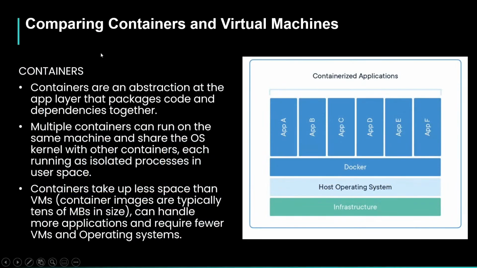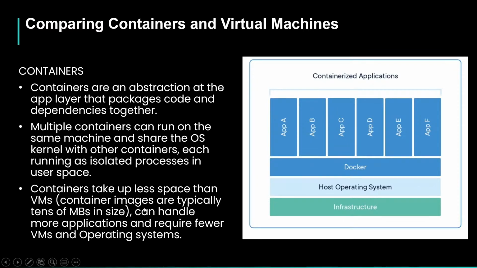Okay, containers and virtual machines. Containers are an abstraction at the app layer that package code and dependencies together. Multiple containers can run on the same machine and share the operating system kernel with other containers, each running as isolated processes in user space. Containers take up less space than virtual machines.